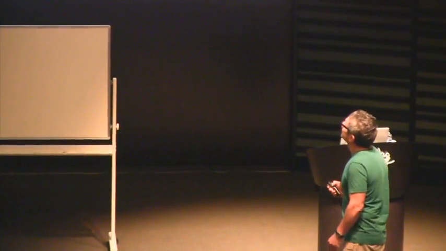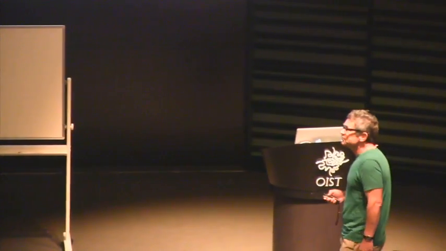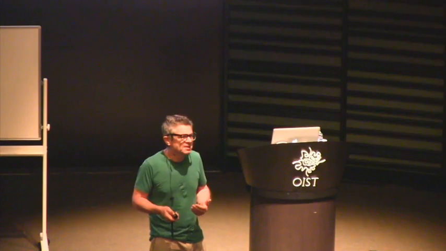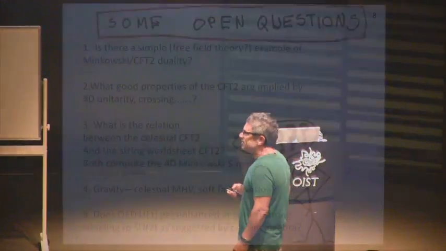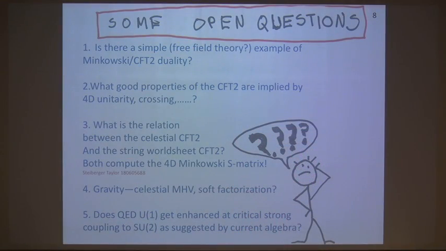What are the kind of open questions where we're going? Well, first we'd like some really simple example, free field theory or something, where in some approximation, probably not exact at the first crack, we have an example of a two-dimensional field theory with an intrinsic definition which reproduces a four-dimensional S matrix. Now, these are not exotic garden variety CFTs, but they have some very good properties.